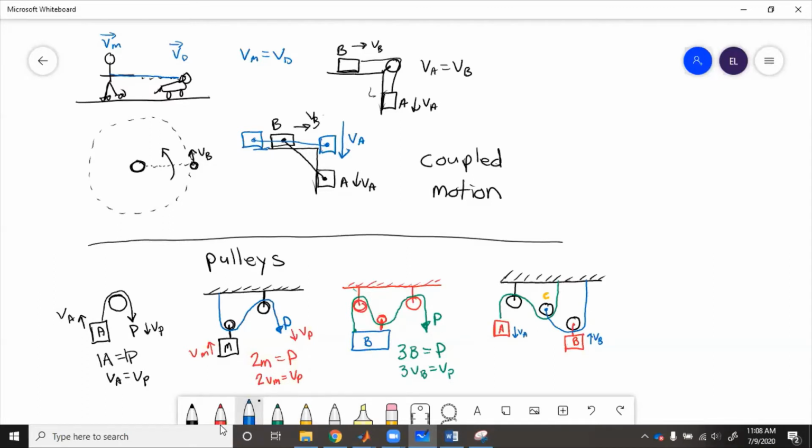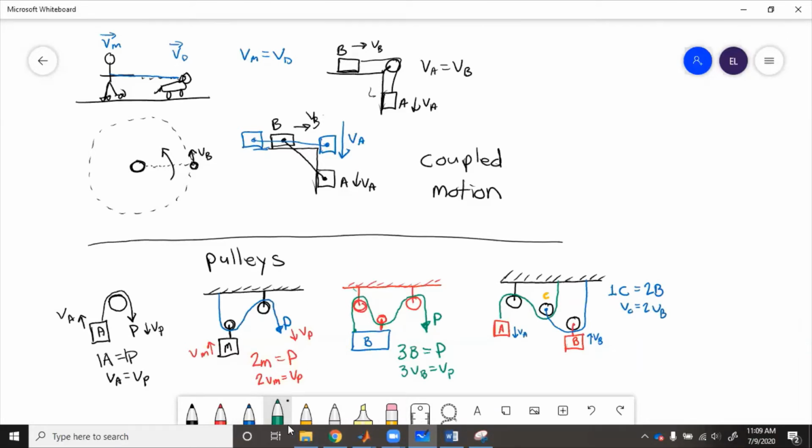So for this first one, we can see on C, the rope is connected in one spot, and on B, the rope is pulling in two spots. So 1 V_C equals 2 V_B, V_C = 2V_B.